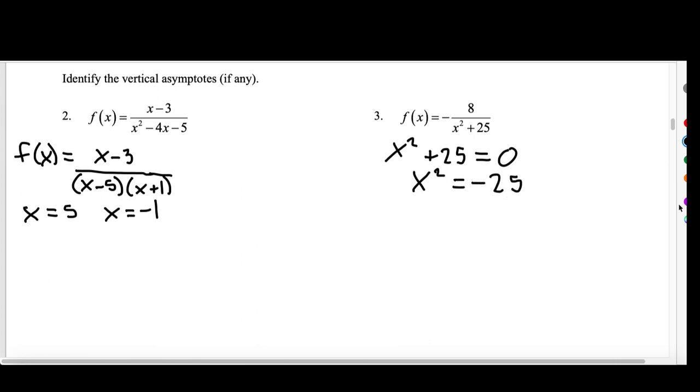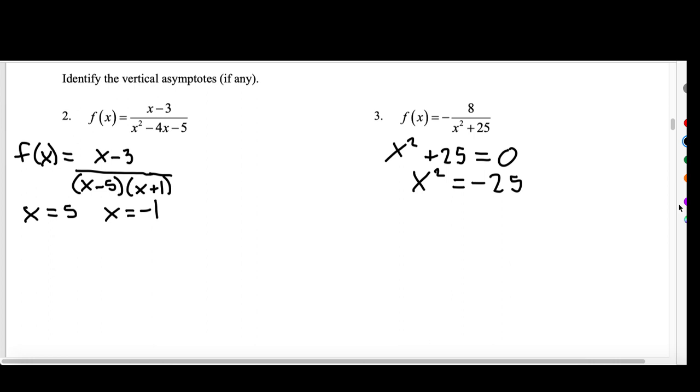And to proceed farther would involve taking the square root of both sides, but that would involve taking the square root of a negative number, which is not a real number, right? It's an imaginary number. Vertical asymptotes can only correspond to real numbers. So that means that the graph of this particular rational function would not have any vertical asymptotes. Okay?